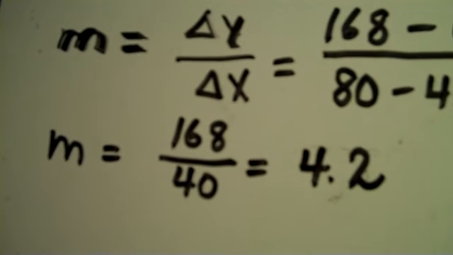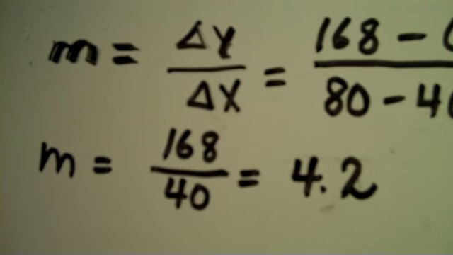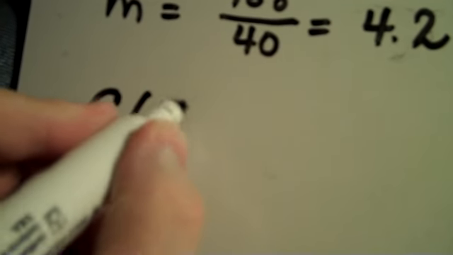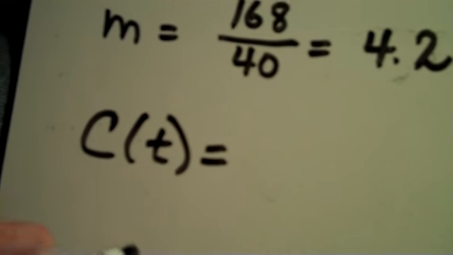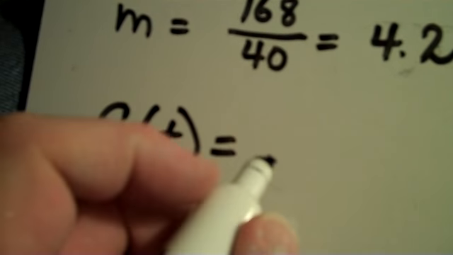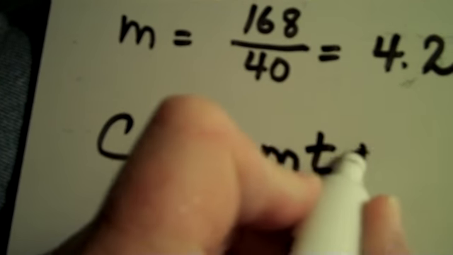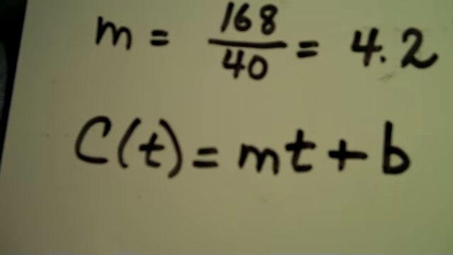So the slope of my line is 4.2. Now we're looking for the function C of t. And I know it's a linear function, so it can be written in the form mt plus b.